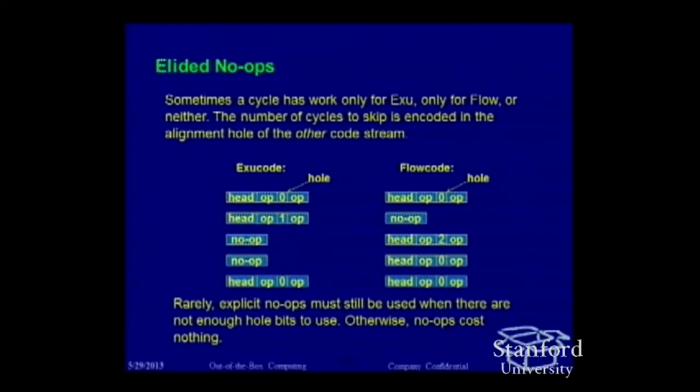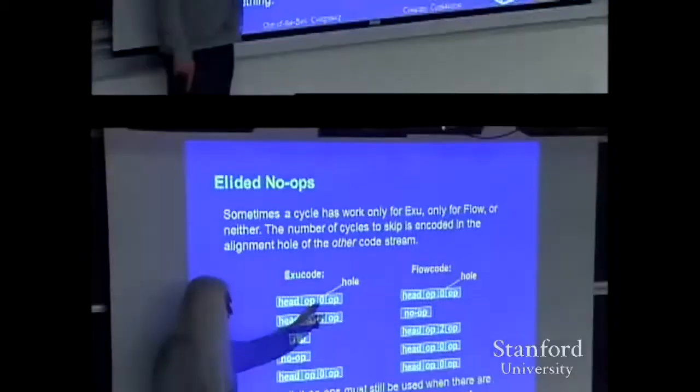This is a standard VLIW problem, and every VLIW machine has some way of encoding how to do a no-op cheaply, because you don't want to have a whole full-size bundle full of nothing but no-ops. So in our case, we encode what's called a lag count in the alignment hole.